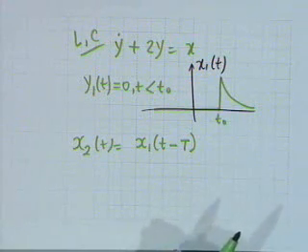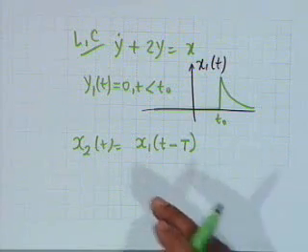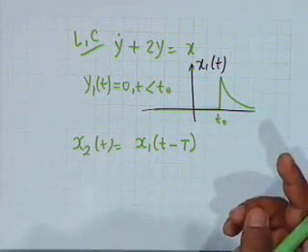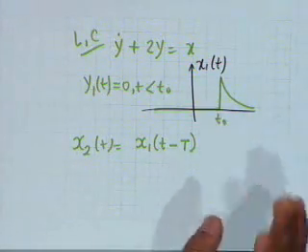To recall the definition of time invariance, the system is time invariant if x1 of t leads to y1 of t and x1 of t minus tau leads to y1 of t minus tau.